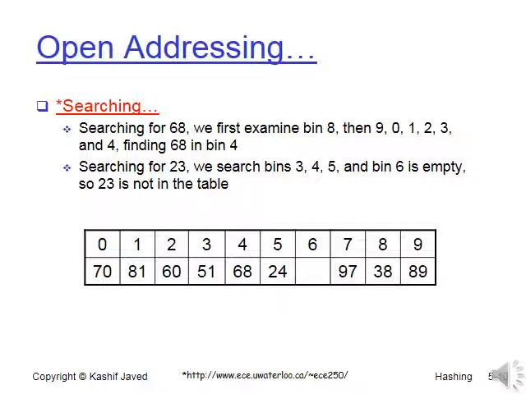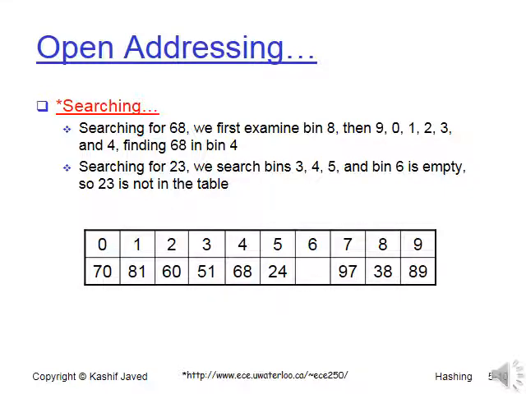Then we move forward and check bin 9 where it is not available as well. Further we move to 0, 1, 2, and 3, and finally find 68 in bin 4.